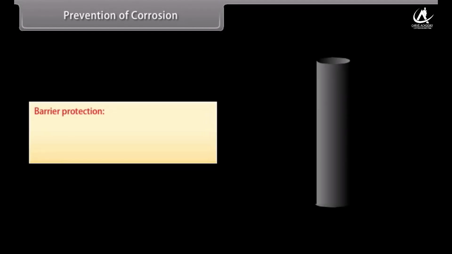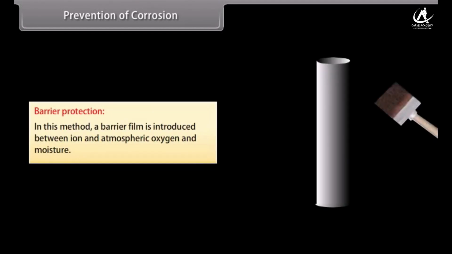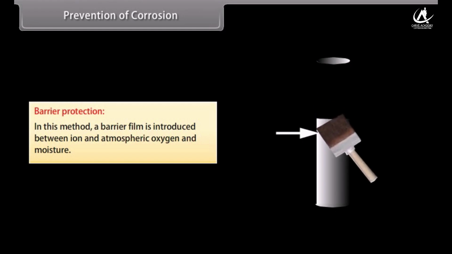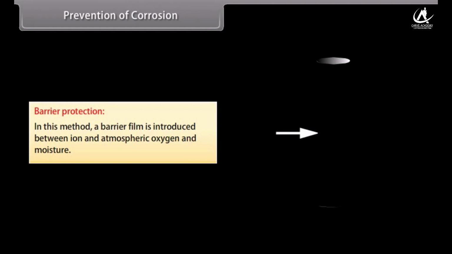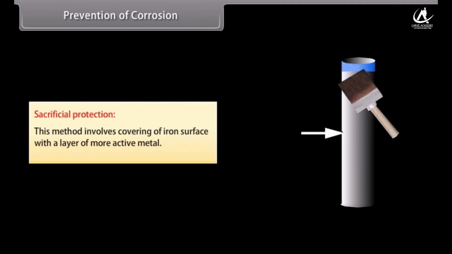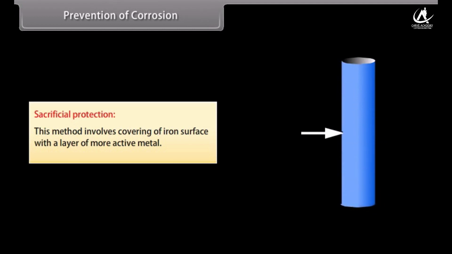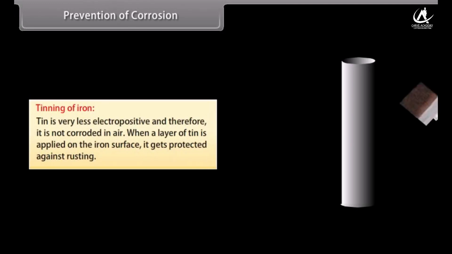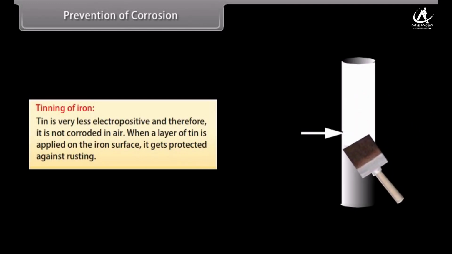Prevention of corrosion. There are many methods for protecting metals from corrosion. Some of these are as follows. Barrier protection. In this method, a barrier film is introduced between iron and atmospheric oxygen and moisture. Sacrificial protection. This method involves covering the iron surface with a layer of a more active metal. Tinning of iron. Tin is very less electropositive and therefore it is not corroded in air.